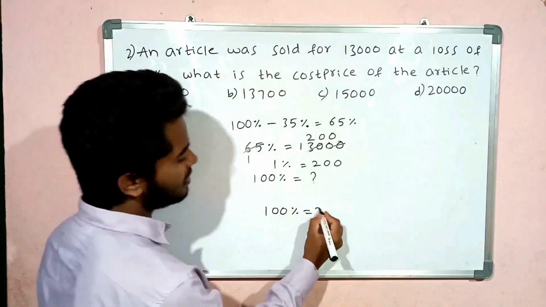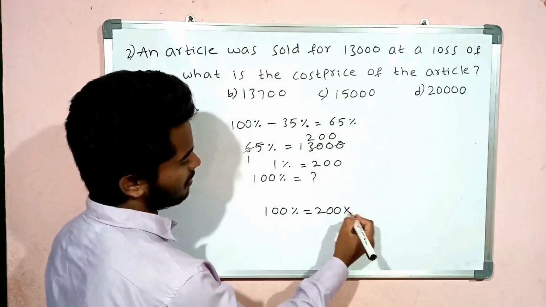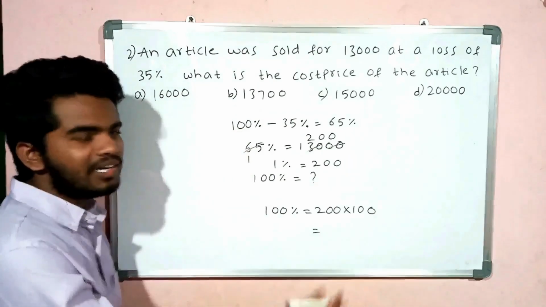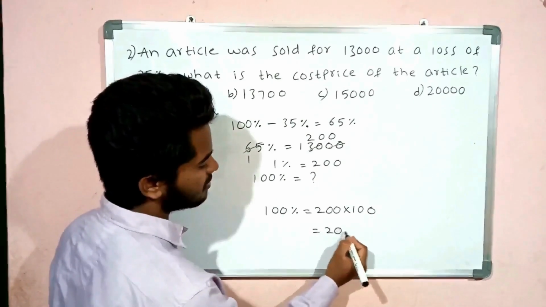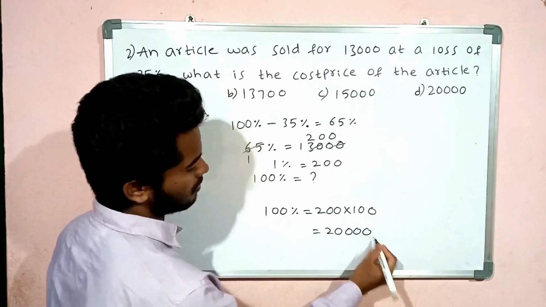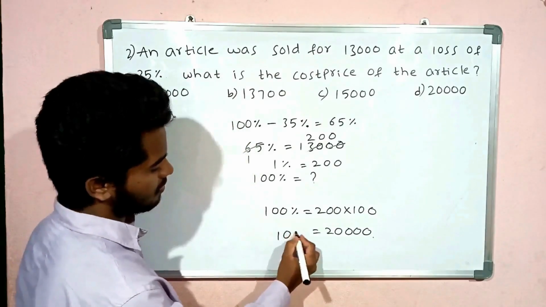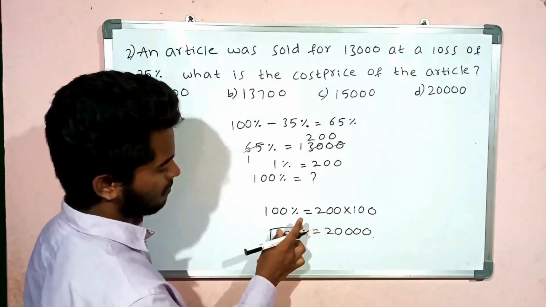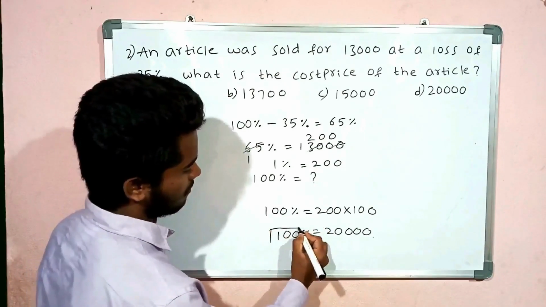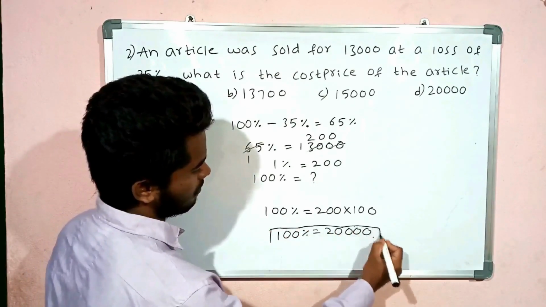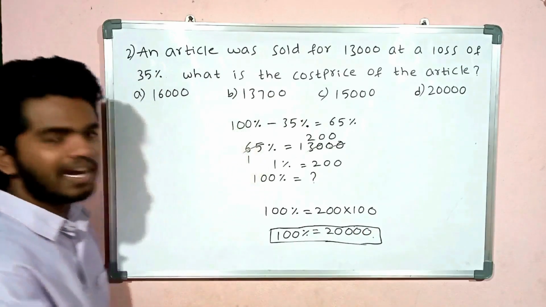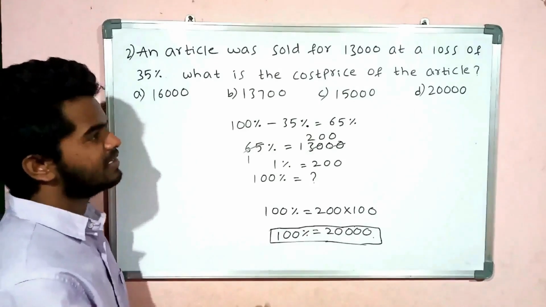100% equal to 200 into 100, 20,000. So 100% equal to 20,000.